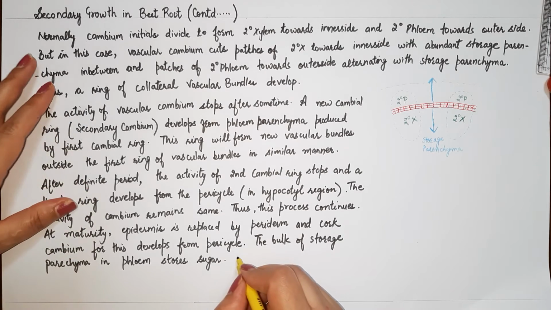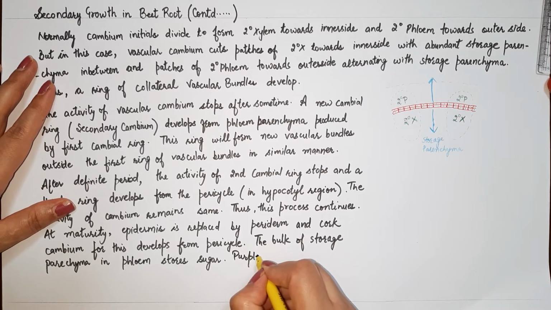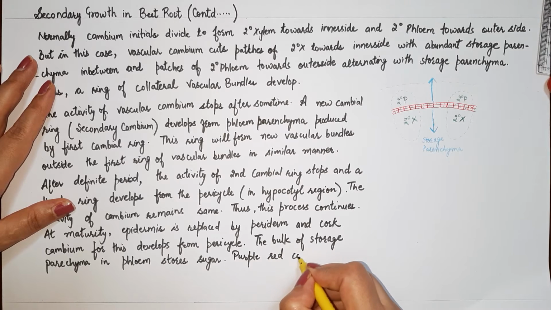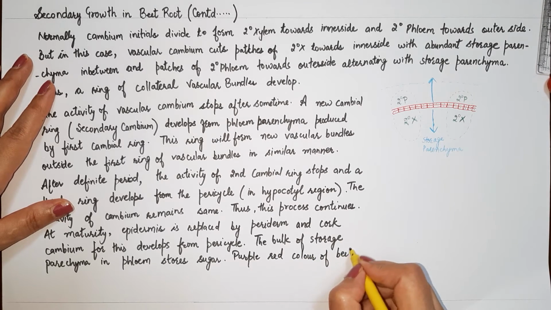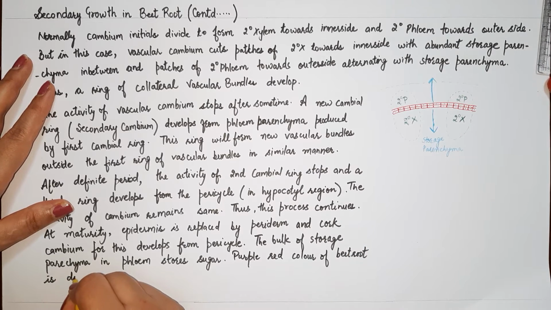What is that? So, the purple red color of beetroot is due to water soluble pigment.